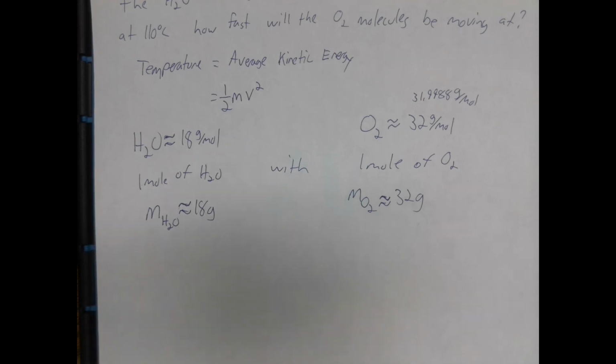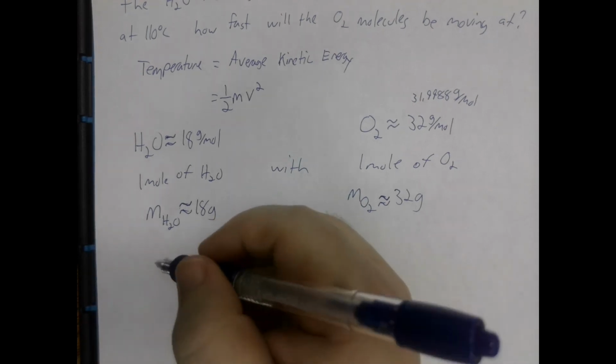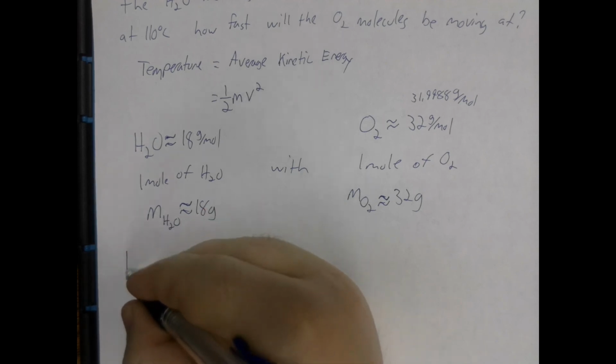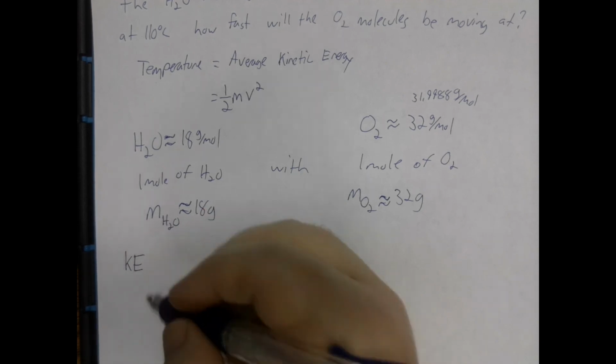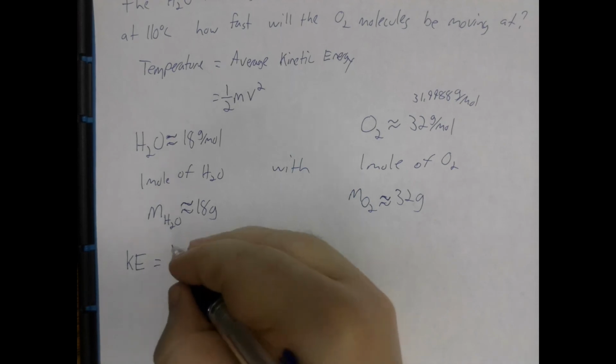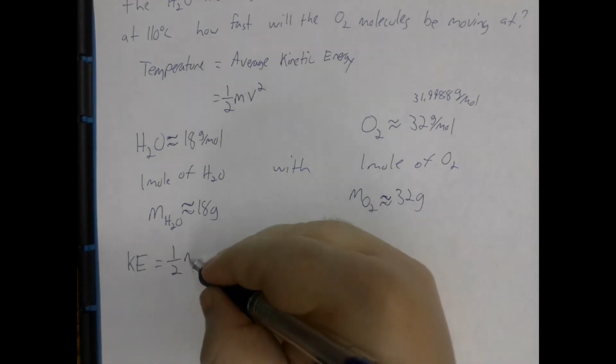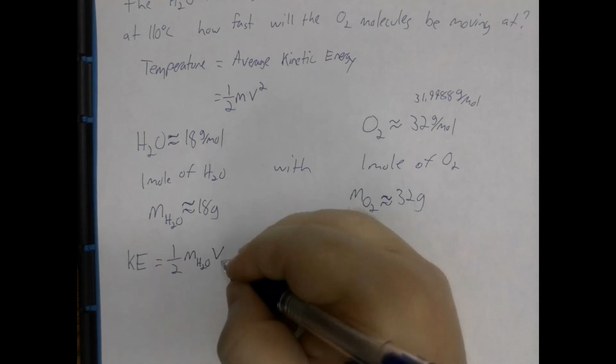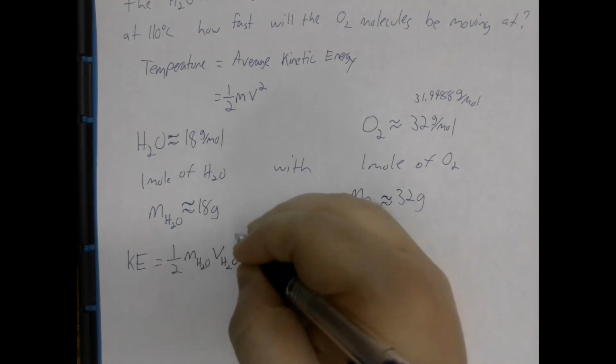Let's calculate the average kinetic energy of all the water molecules. So the average kinetic energy would be equal to 1/2 times the mass of the water molecule times the velocity of the water molecule squared.